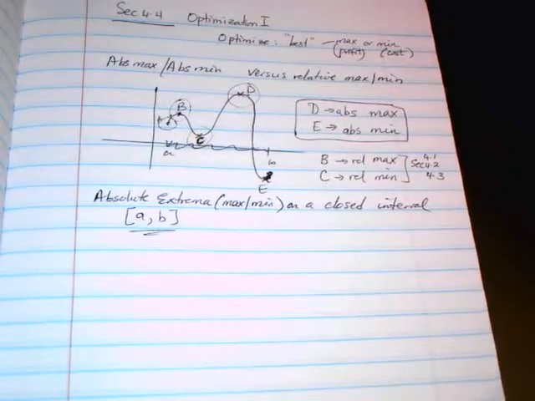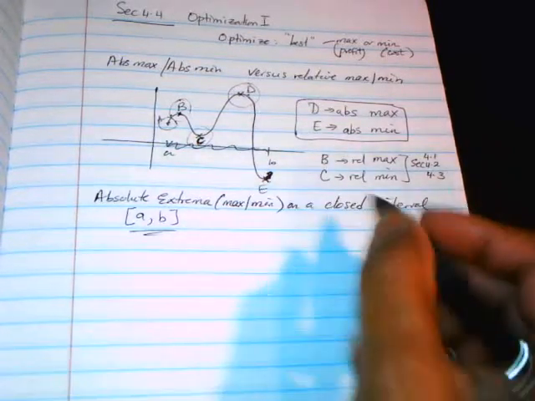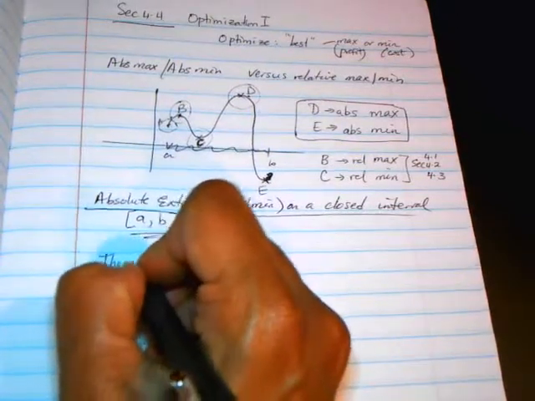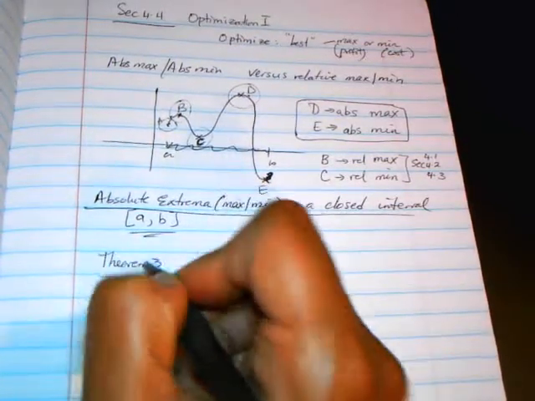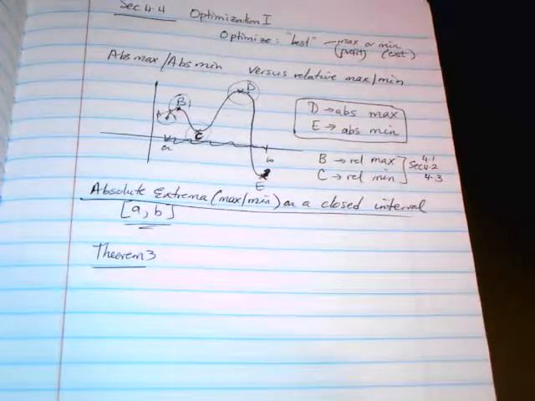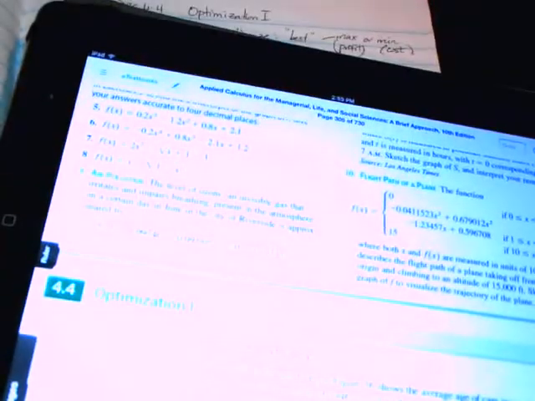Now what we know is that if a function is continuous, this is actually theorem 3 in our textbook. I'm going to just quickly stop here for a second and show you the text. On page 305, where this section begins, I need to dim the screen so you can see this better.